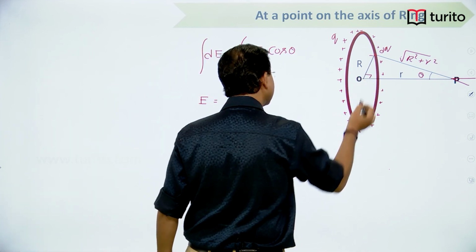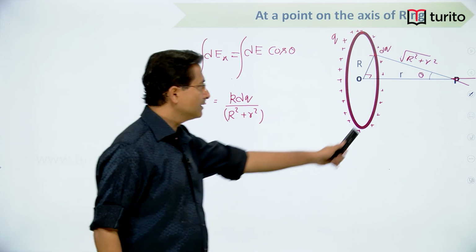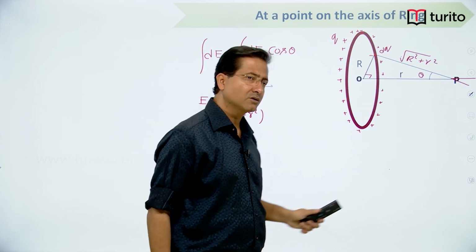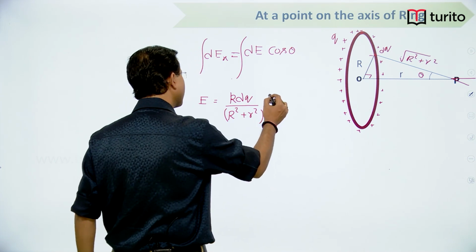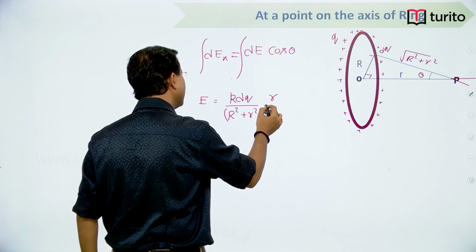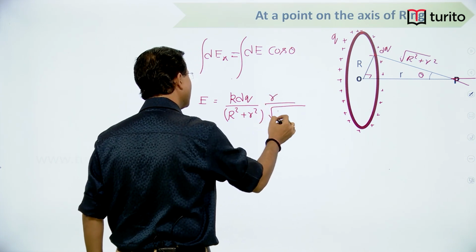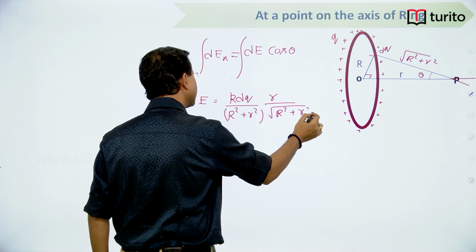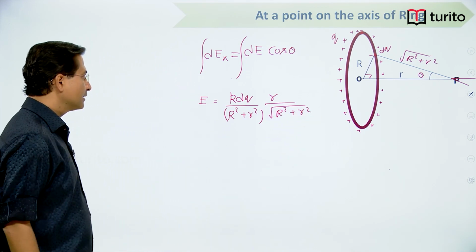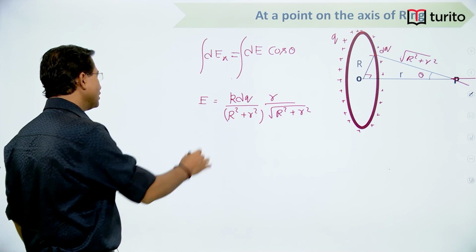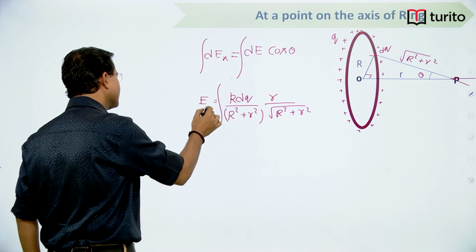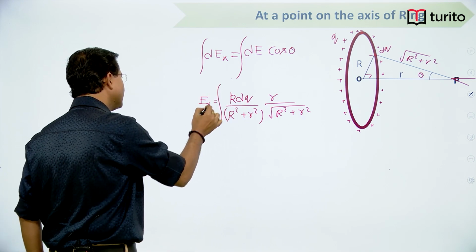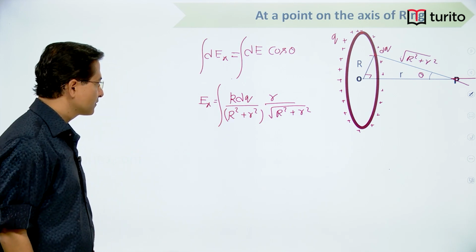This angle is 90 degrees, this angle is theta, base upon hypotenuse, which is r divided by under root R square plus small r square, right. This integration will give me the field along the x axis.